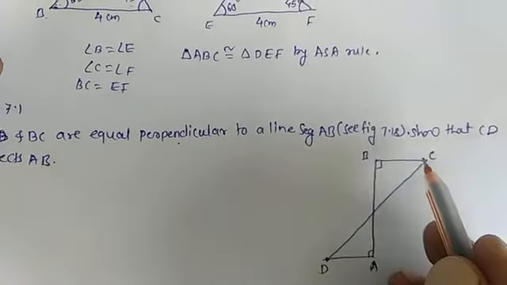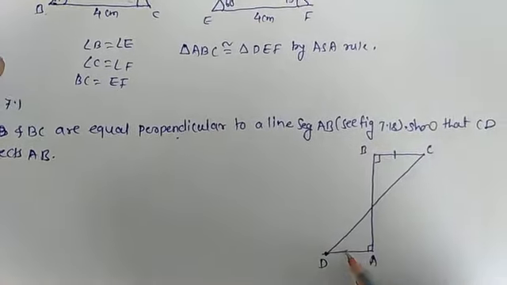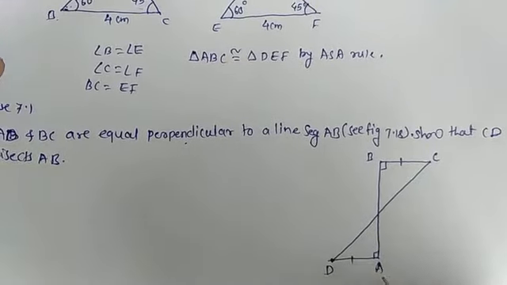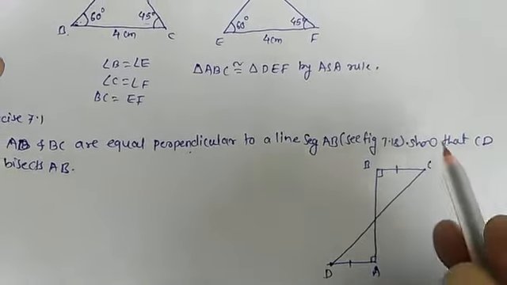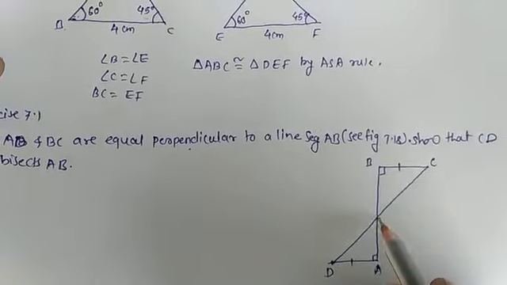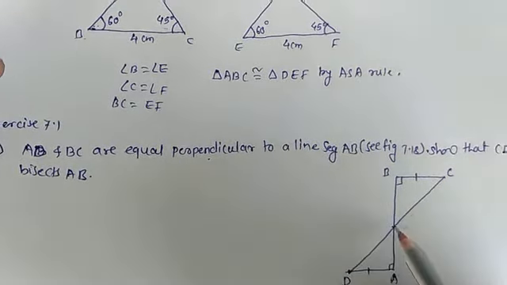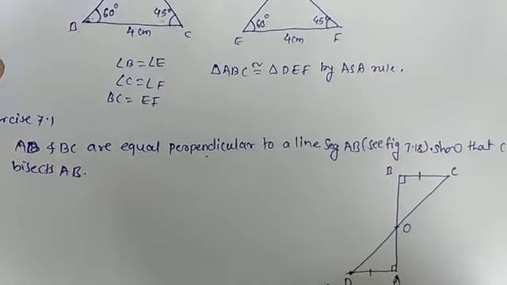AD and BC are equal and perpendicular to the line segment AB. To show that CD bisects AB, we have to prove that OA is equal to OB.